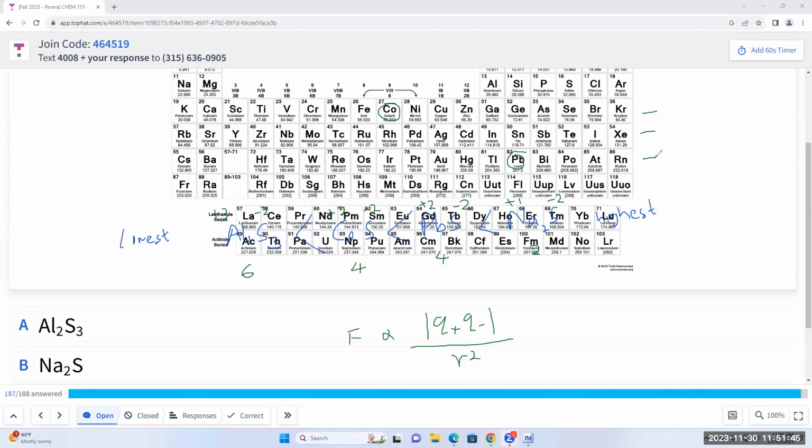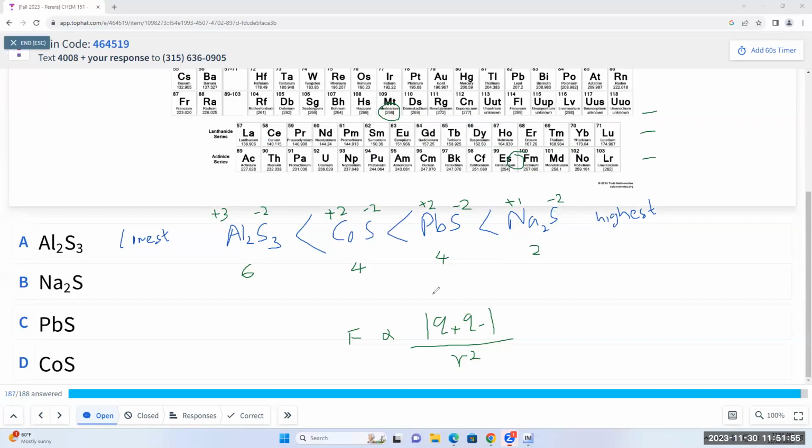As a result of that, lead must be a much larger ion compared to cobalt. Therefore, even though they had the same charge product, lead is a larger cation compared to cobalt. Therefore, the distance between the ions in lead sulfide is greater, meaning you have a weaker ionic interaction in lead sulfide compared to cobalt sulfide based on the size of the ion.